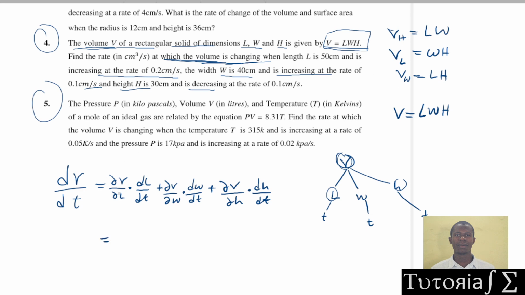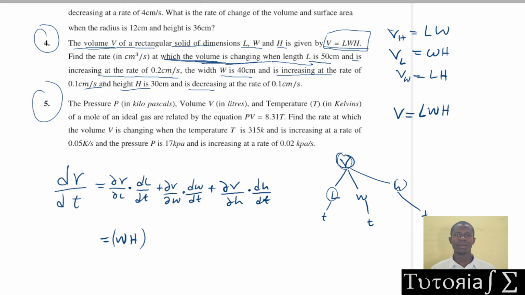So we have V with respect to L, that is WH, times L with respect to time. What is L with respect to time? L is 50 and is increasing.